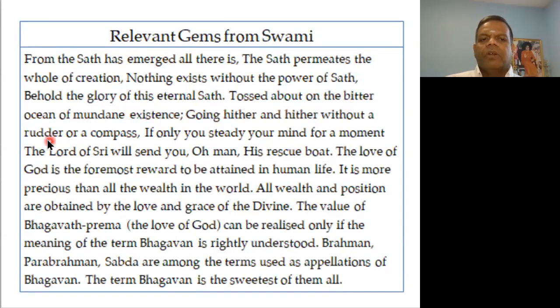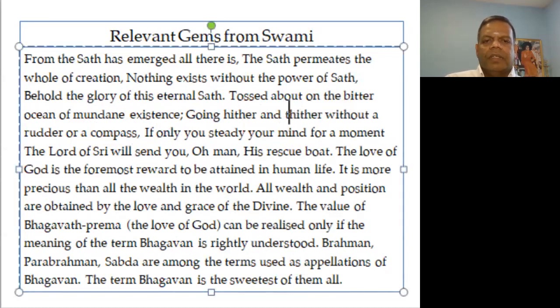Tossed about on the bitter ocean of mundane existence, going hither and thither without a rudder or compass. If only you steady your mind for a moment, the Lord of Shri will send you, O man, his rescue boat. This is actually a Padyam, a poem of Swami, translated, but I didn't bring it here.